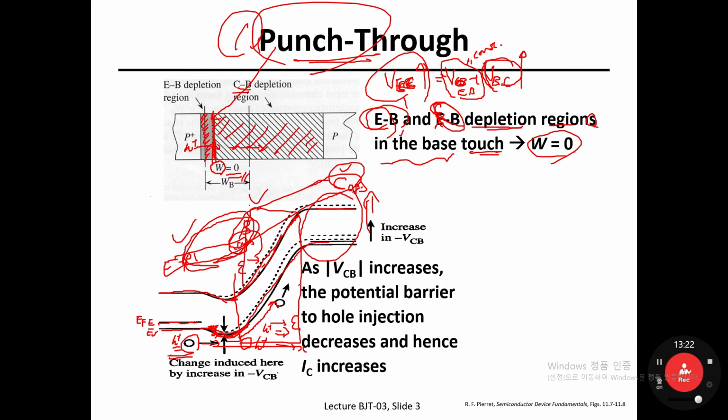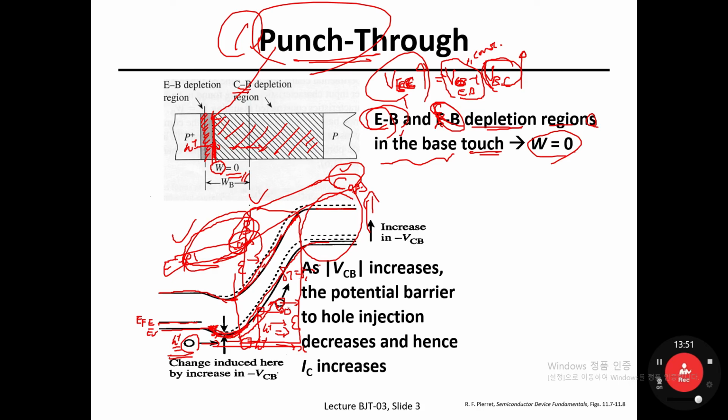The hole is now moving, accelerated, but since there are many silicon atoms here and there, because of phonon scattering the injected holes from the emitter would hit the silicon atoms or vibrating atoms, or phonons, and lose kinetic energy. So in the end, the hole becomes like that, and is accelerated again and gets kinetic energy.